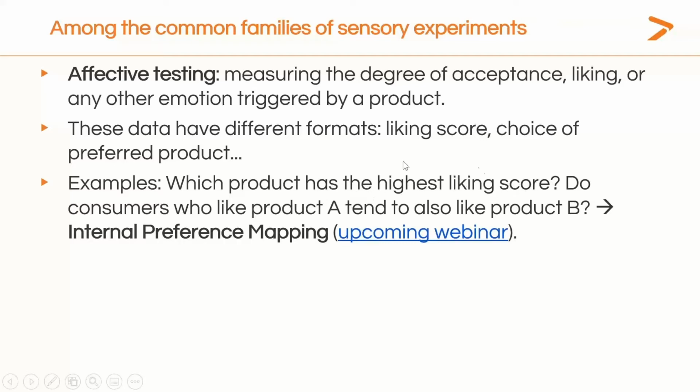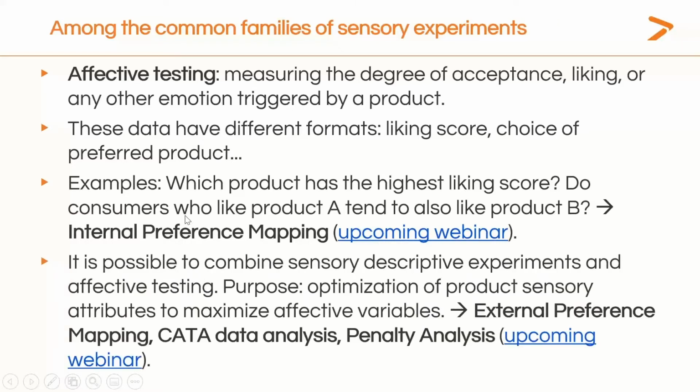Simply like that. Well, with this, we can simply run basic ANOVAs or parametric or non-parametric tests to answer this question. We can also ask, do consumers who like product A tend to also like product B or tend to not like product C? In this case, you can use more multivariate approaches, such as internal preference mapping, which we'll be talking about in the upcoming webinar, so on Thursday. Stay tuned.